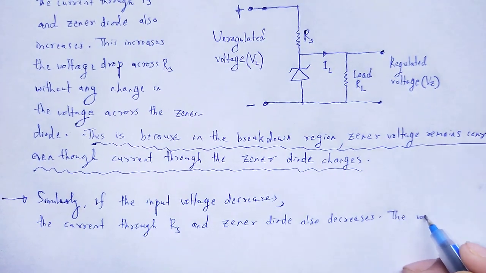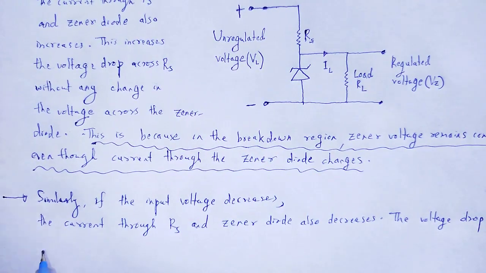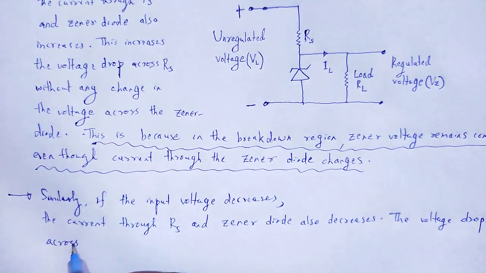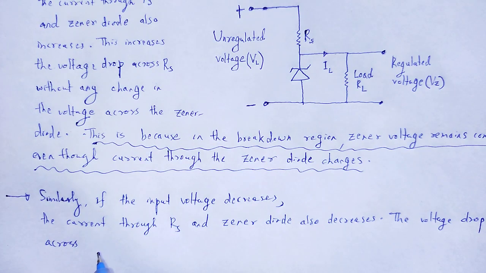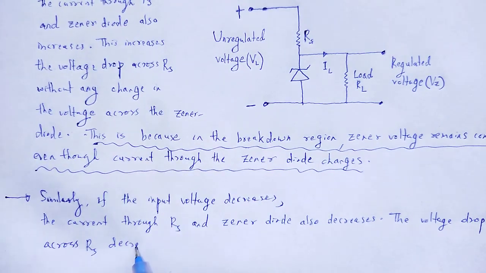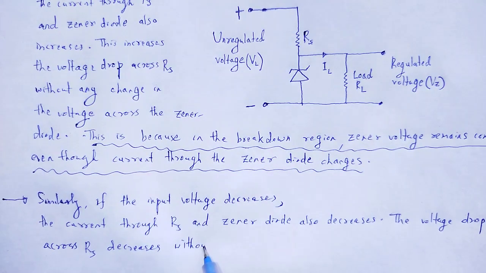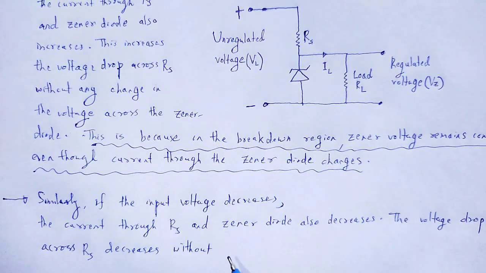The voltage drop across Rs decreases without any change in the voltage across the Zener diode.